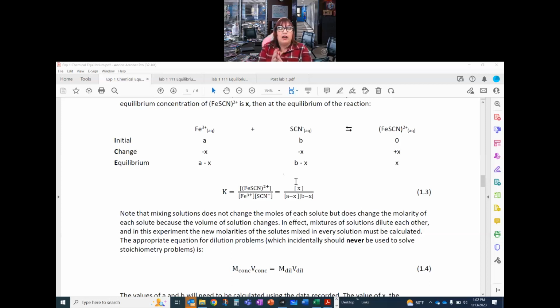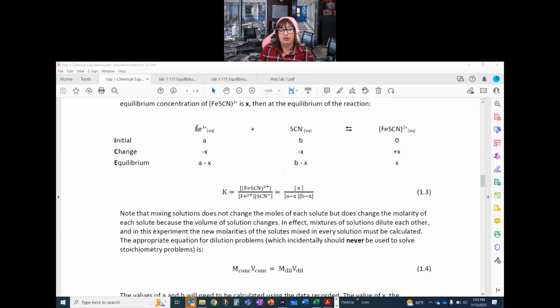So the ICE table is based in chemical equilibrium. It stands for initial, change, equilibrium. Our initial concentrations are whatever we put in the beaker, and our change is based on the stoichiometry. So for every iron I put in, I need an SCN to go with it to make 1 iron thiocyanate.